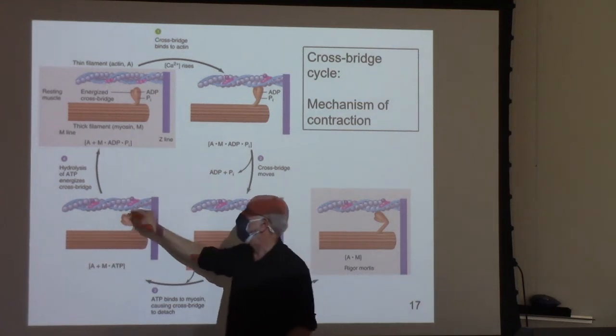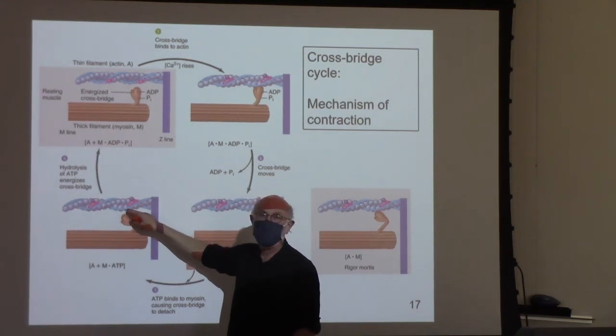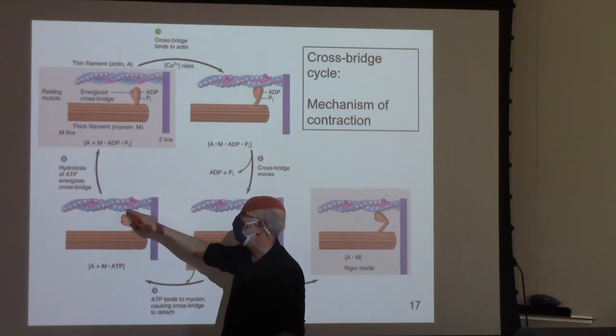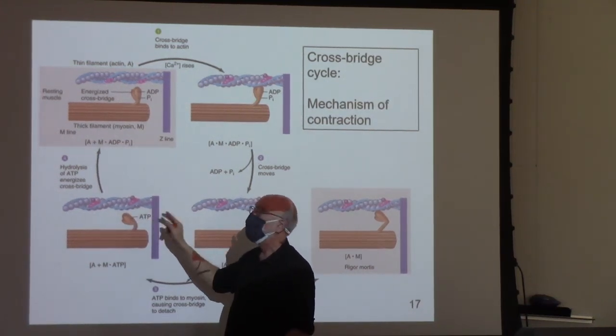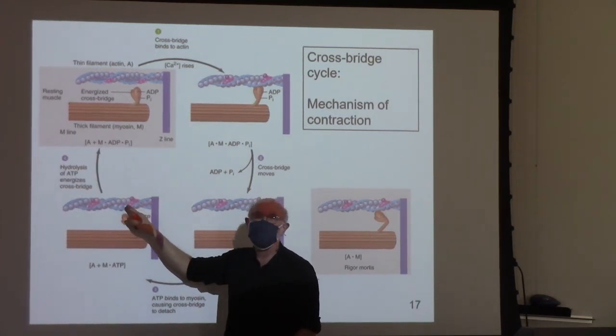ATP binding causes the myosin to let go of the actin. So even though the site is available, because troponin has moved tropomyosin out of the way, when the myosin is bound to ATP, it has a low affinity for those sites.